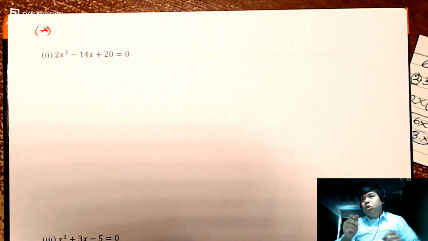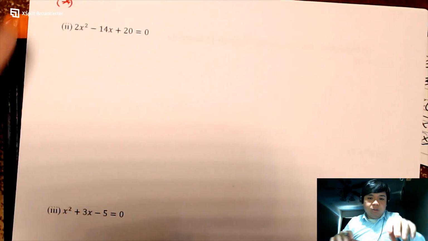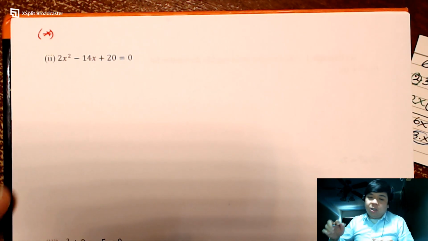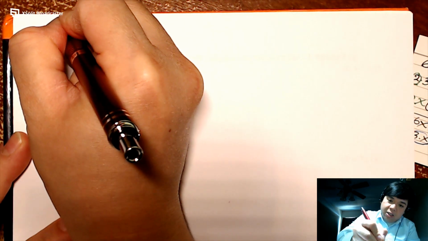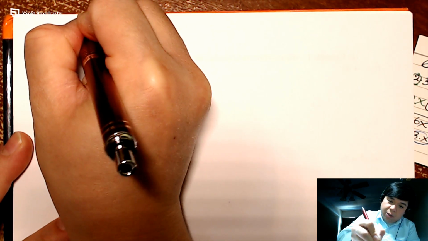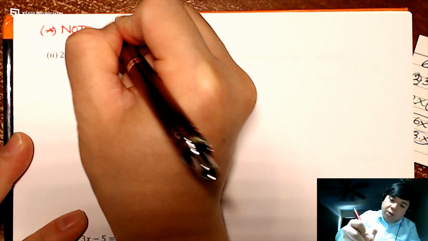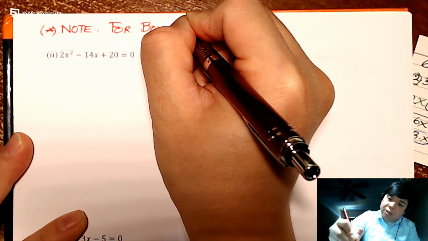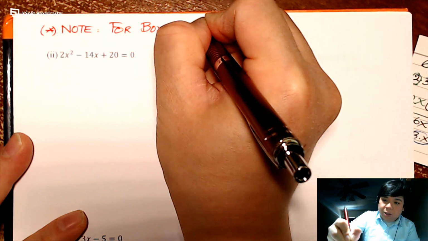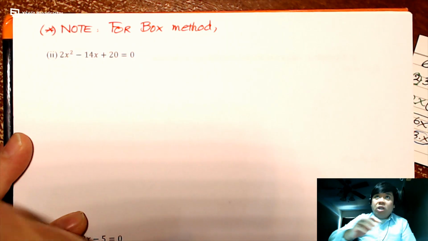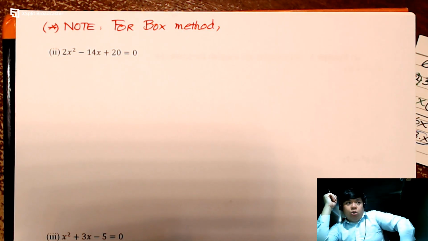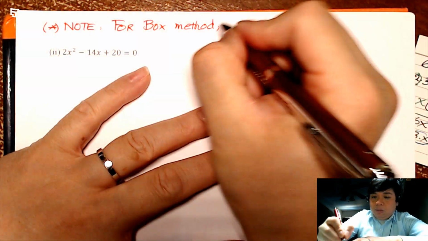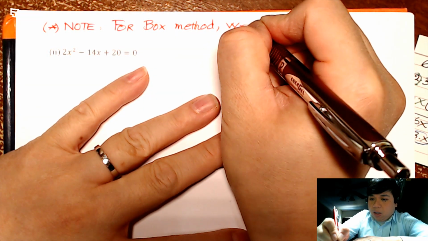Especially, the box method will not work if you don't factor out the first number. So note that for the box method to work, we need to simplify the problem to the simplest terms. It will not work otherwise.